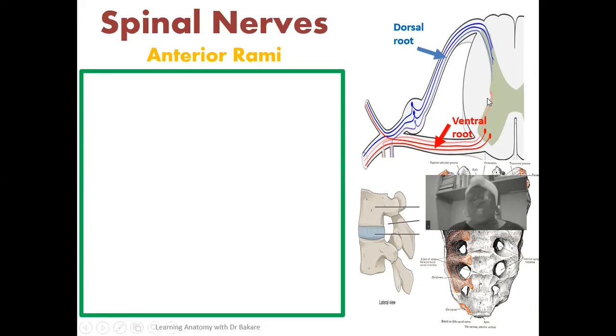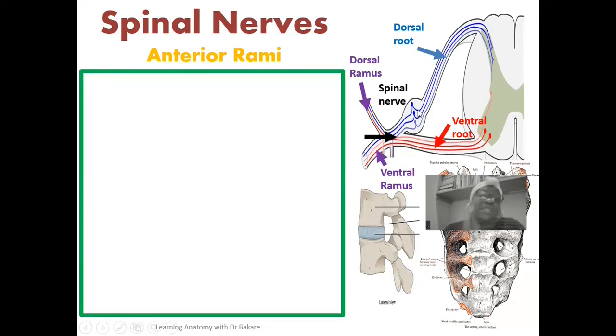These two roots will come together at this point to form the spinal nerve. So this is why we have the emergence of the spinal nerve, and the spinal nerve will finally divide into the ventral ramus, which is located in the anterior part, and also the dorsal ramus, which is located behind. So you see how this pattern of development occurs.